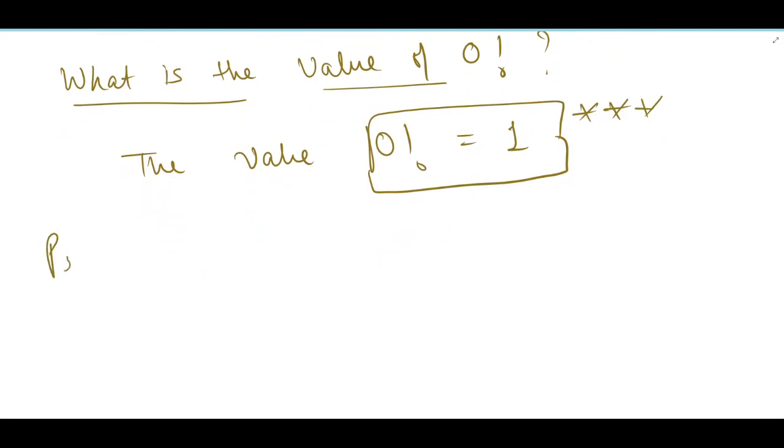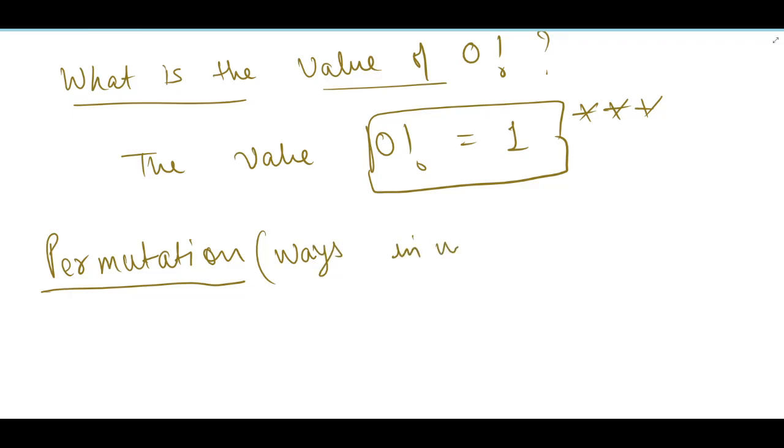Next, permutation. So what is permutation? It is defined as ways in which a number of objects can be ordered, or arranged.